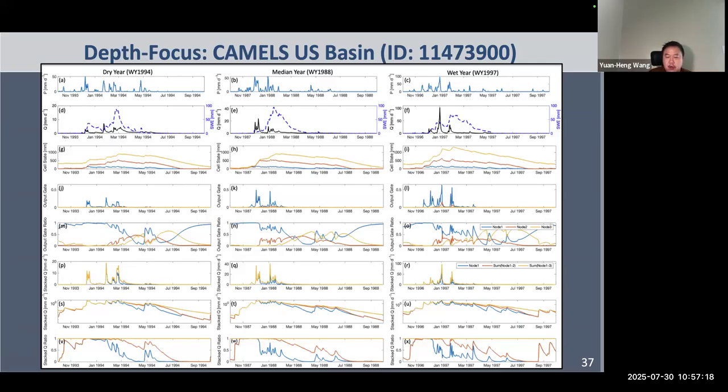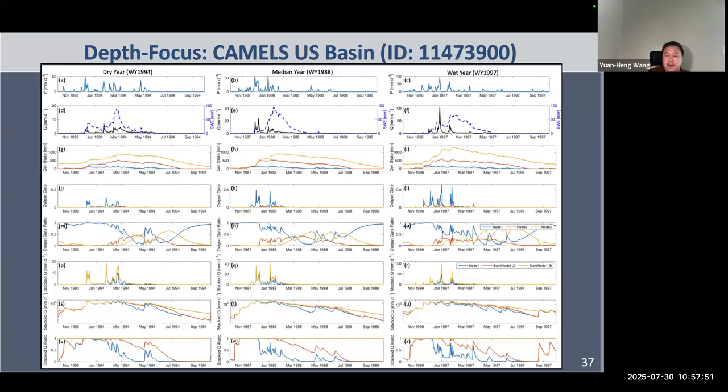And finally, we found that although the third node has a very small output gate peak value, it maintains the largest overall cell state value among all the nodes. This is a correspondence of a small conductivity with a large cell state. If we see the log scale subplot S to U, the yellow line contributes constantly to streamflow, and the only exception is maybe for a very short period around December of the median and wet years.